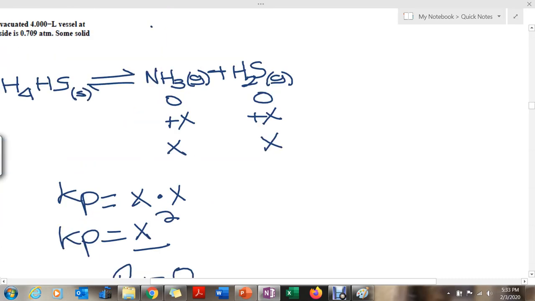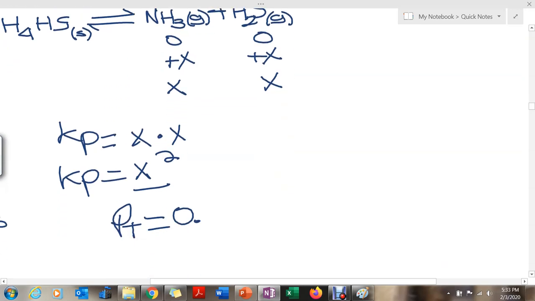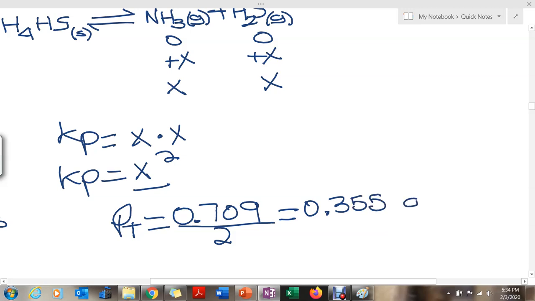So 0.709 divided by 2 equals 0.355 atmosphere.